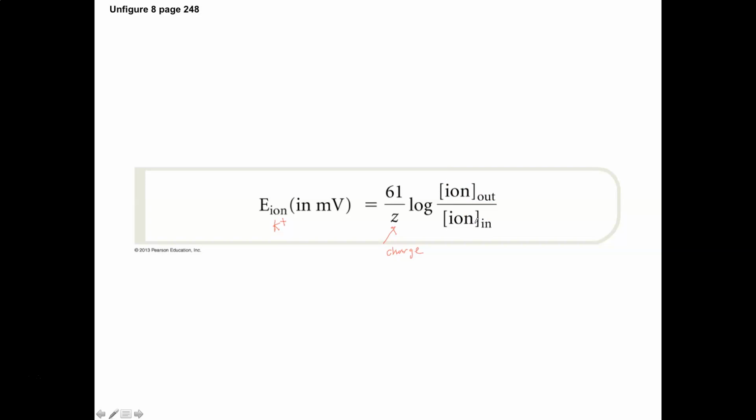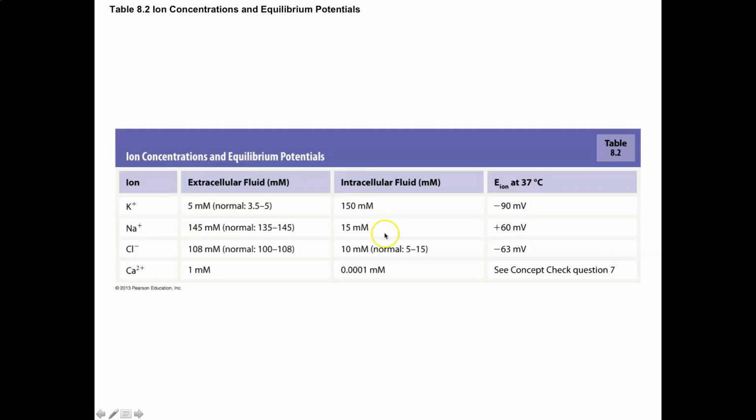So you would have to know the concentrations for the ions that you're working with. Turns out that there are tables that we can use. So for example, if we were looking at potassium and we wanted to utilize the Nernst equation to determine that the equilibrium potential is negative 90 millivolts, then we could use concentration inside the cell, 150, concentration outside the cell, 5 millimolar.